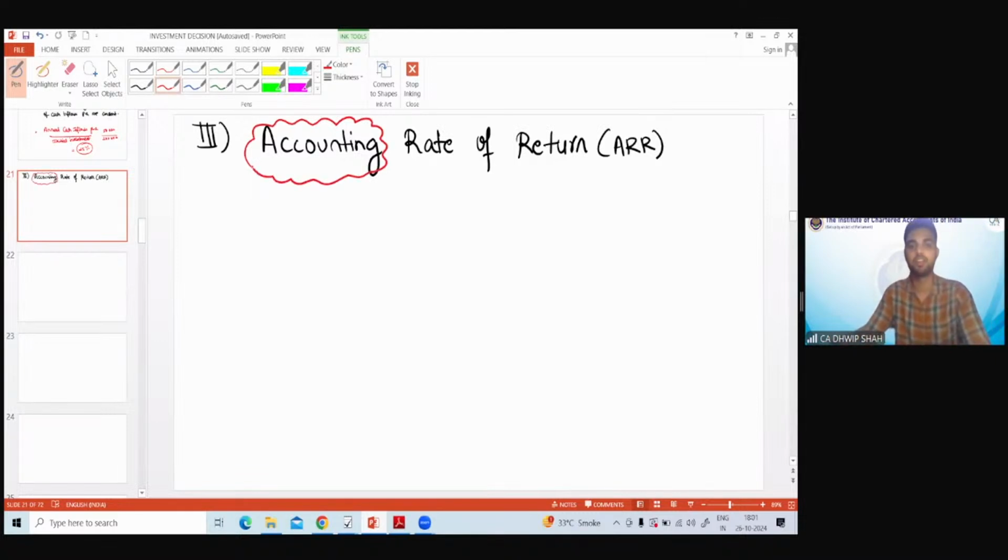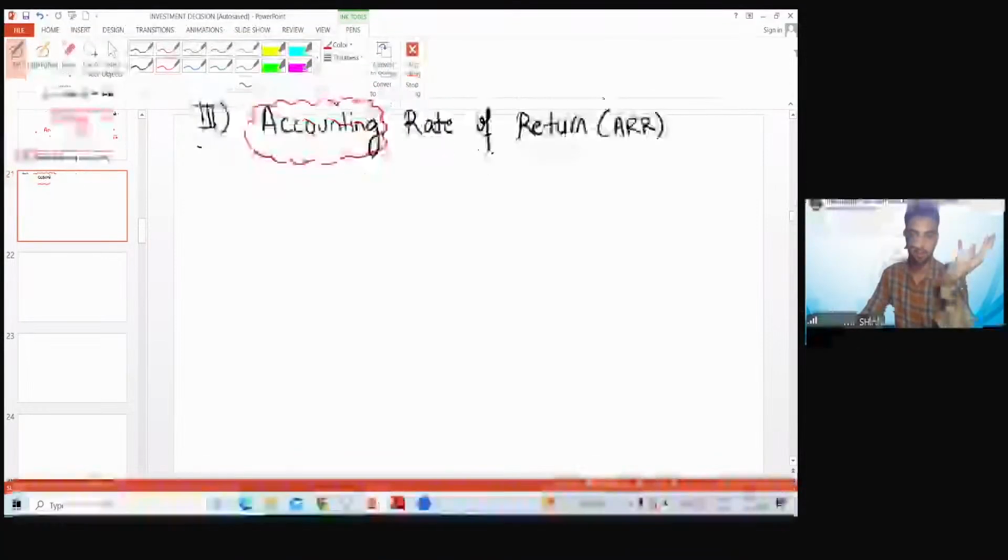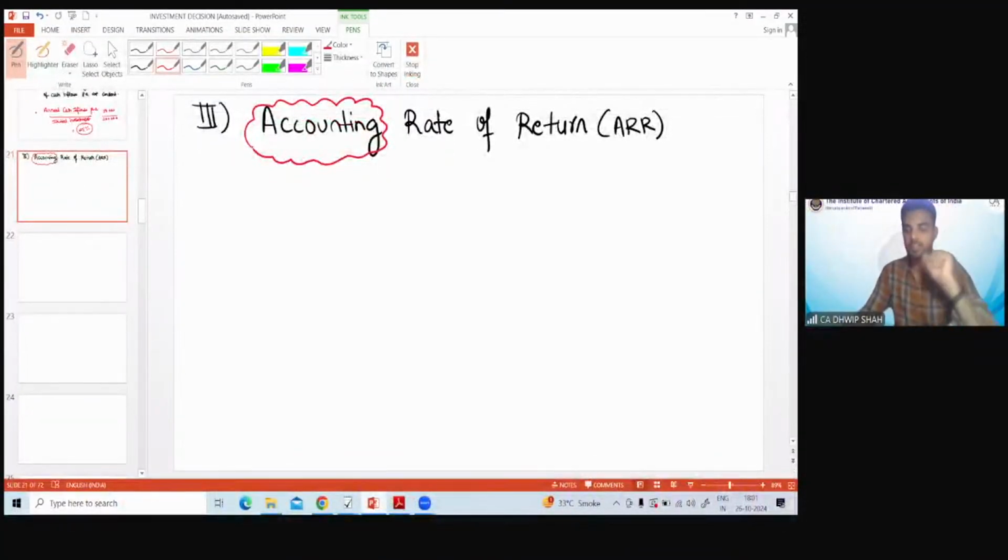So the profit generated by the project, but from accounting perspective and not from the financial perspective. Are you getting this? Here you have to calculate rate of return. In this technique, it will calculate rate of return, but from accounting perspective, taking into account the GAAP, the generally accepted accounting principles, and not the financial perspective.